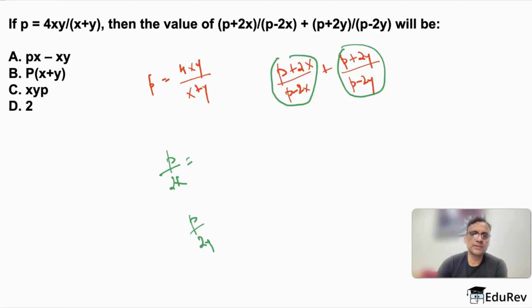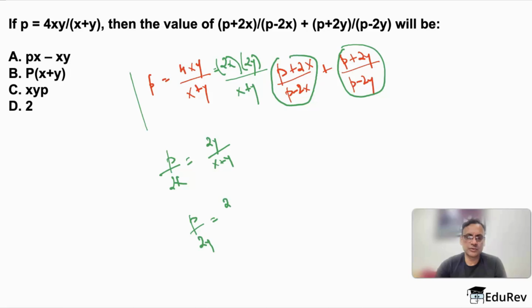So from this fraction, 4xy can be written as 2x into 2y upon x plus y. So p by 2x is equal to 2y upon x plus y, and p by 2y is equal to 2x upon x plus y. Okay, so then let's figure this out. From here, if I apply my componendo dividendo, what do I get?